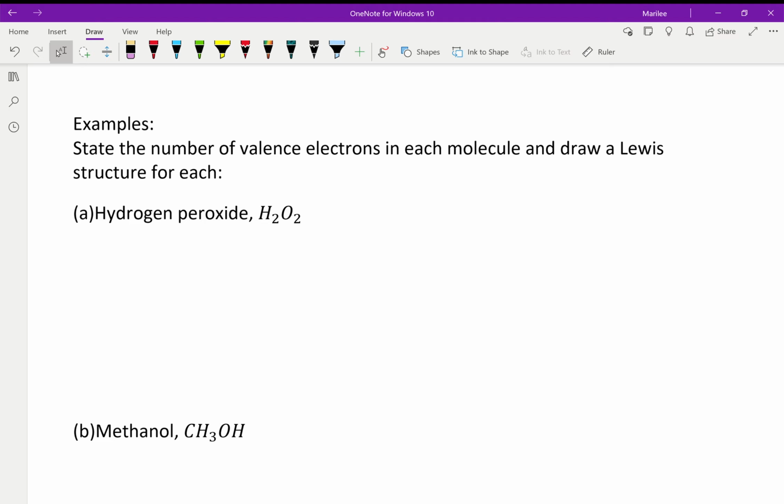We have hydrogen peroxide. We have 2 hydrogens and 2 oxygens. So oxygen, we have 2, and it has how many electrons?